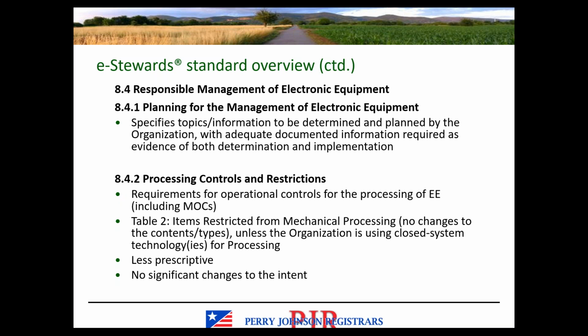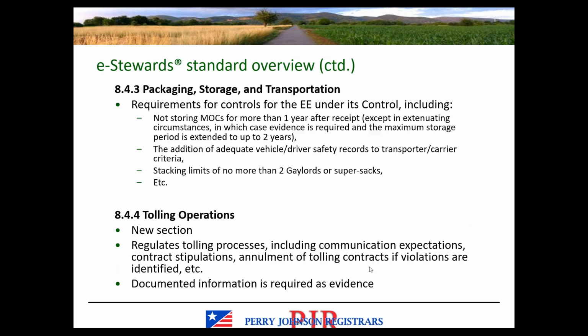There are no changes in the contents of the table compared to version 3.1, unless the organization is using closed system technologies for processing, in which case those items would not be restricted. Overall, this section is less prescriptive, and we don't see significant changes to the intent of these requirements between version 3.1 and version 4.